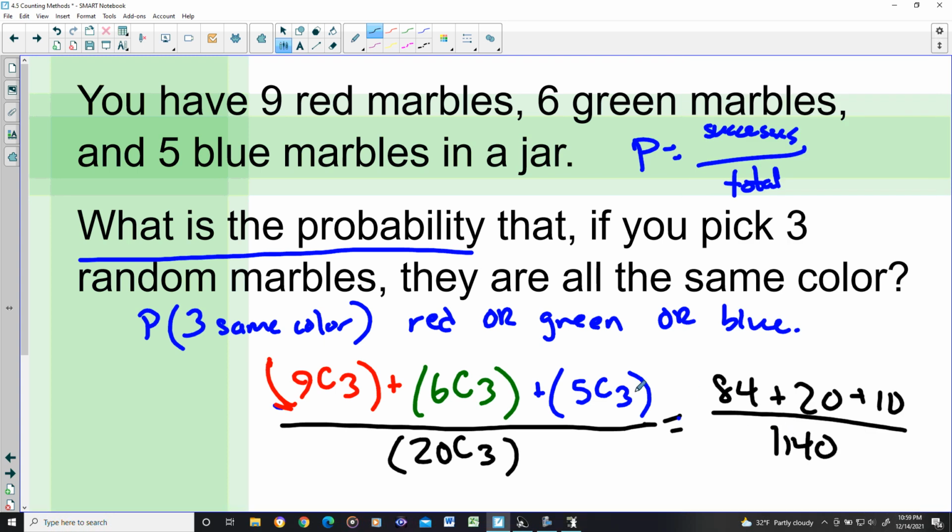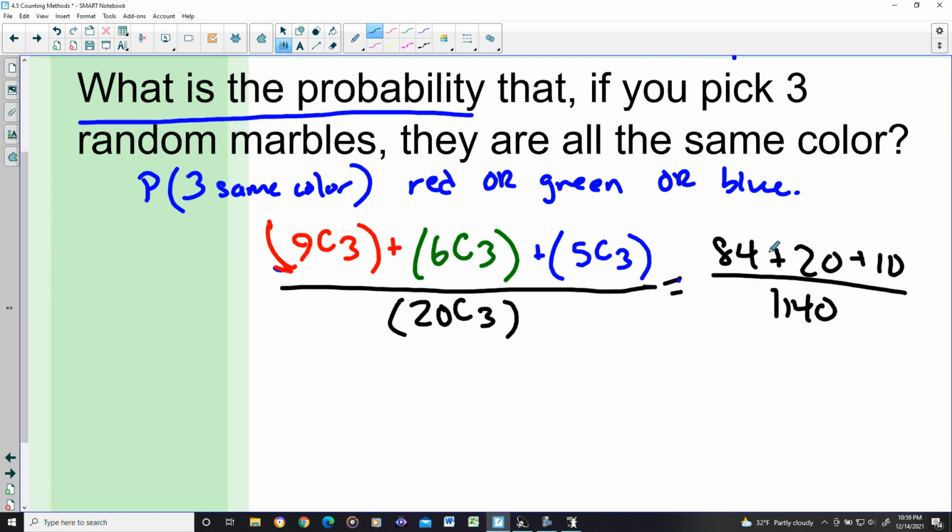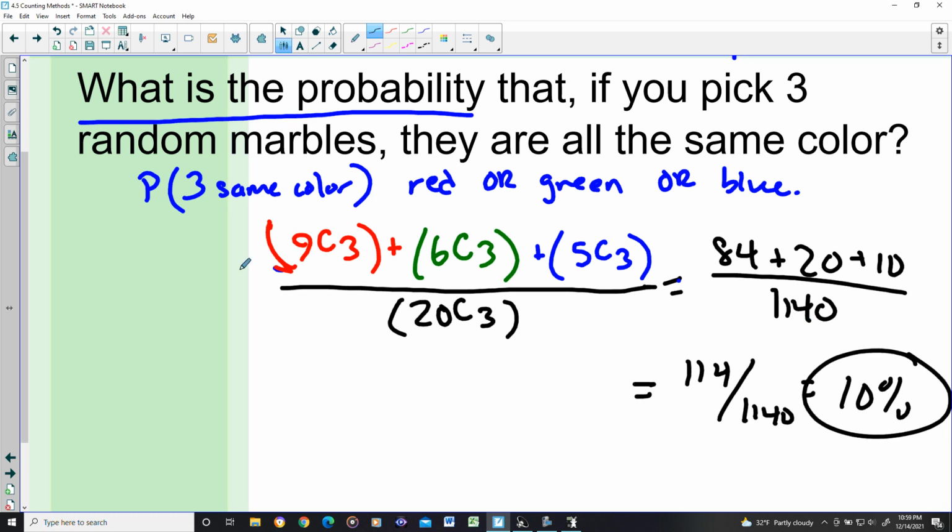So what is the likelihood of this happening? Well, it would be 84 plus 20 plus 10, so 114, divided by 1,140. 10% on the dot. Kind of a lucky outcome there. Is it always going to be nice and even like that?